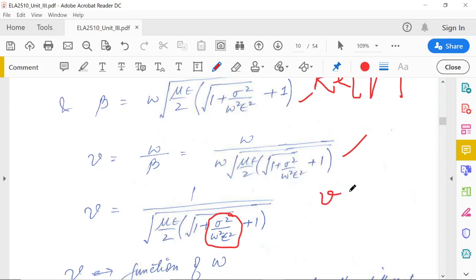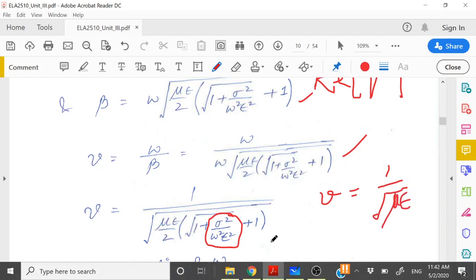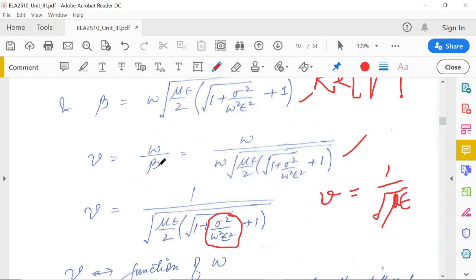Previously, it was independent of frequency, and you had the under-root mu epsilon. Because beta was a linear function of omega, that would be cancelled out, and you would get 1 over under-root mu epsilon. So this is independent of the frequency, and this V was constant for all the signals, all the frequencies.